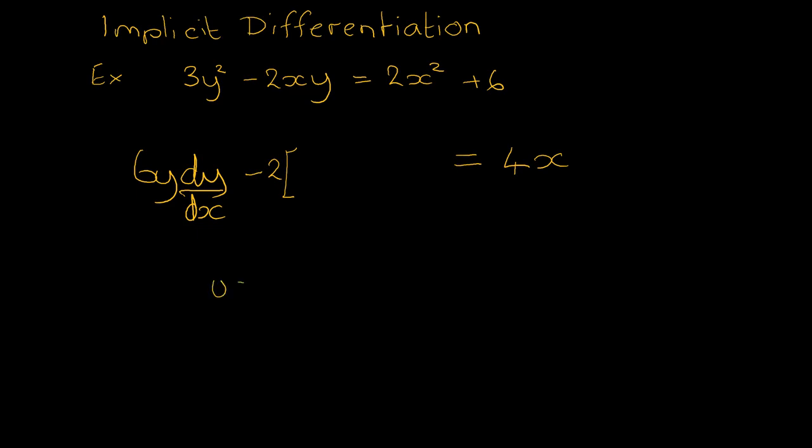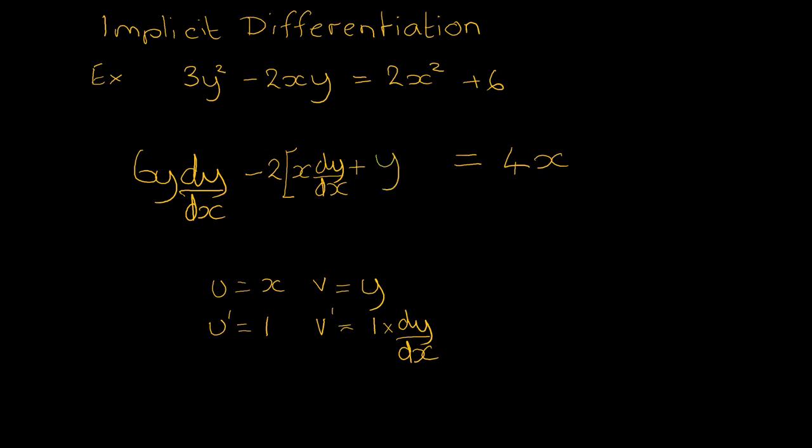So u equals x, v equals y, u dashed will just be 1, and v dashed will be 1, but then we have to multiply it, remember, by dy/dx. So if we put that all back together, you'll see we'll get x dy/dx plus y.